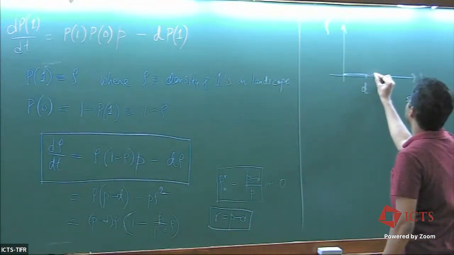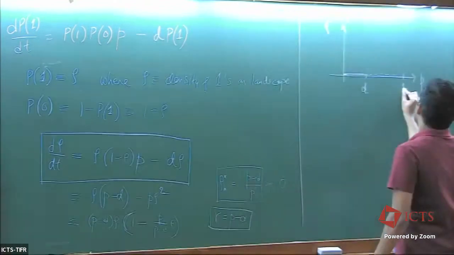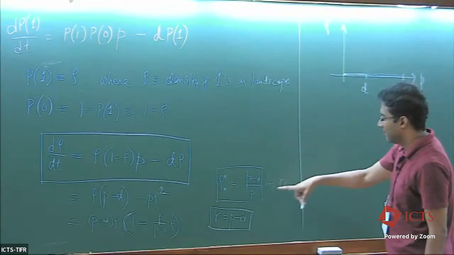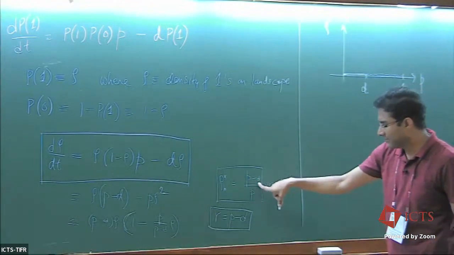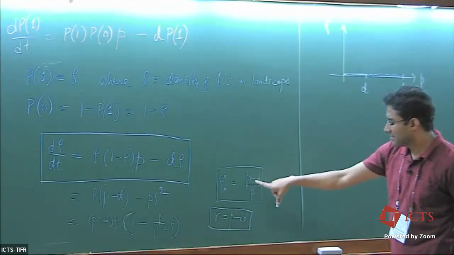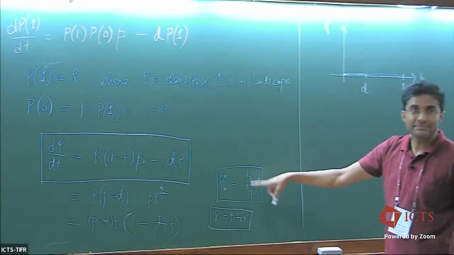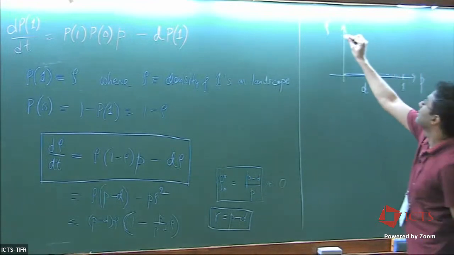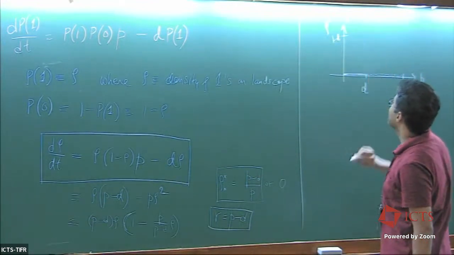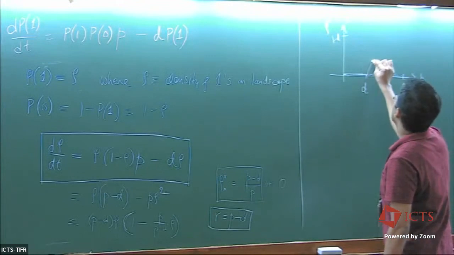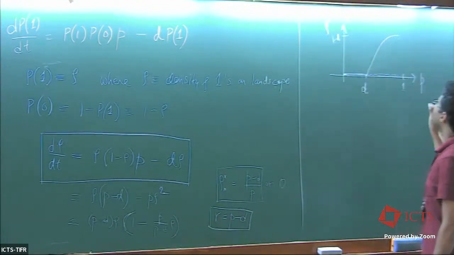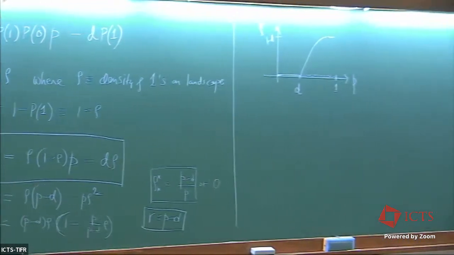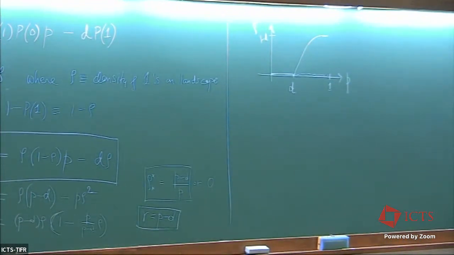And if p is greater than d, 0 becomes unstable, and this becomes positive. It reaches some maximum value, which is 1 minus d by p. That's the maximum value it can reach. It reaches it sort of in this fashion. Is that right? If I have made any algebraic calculation error.